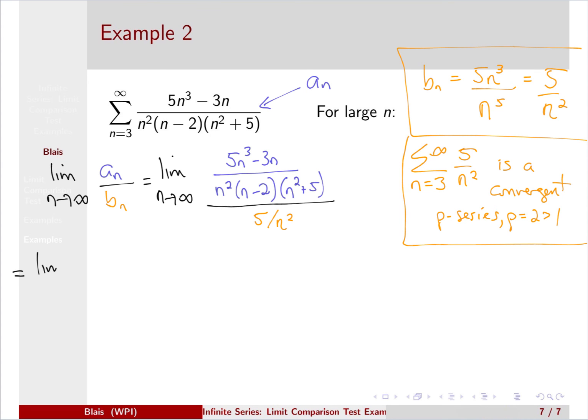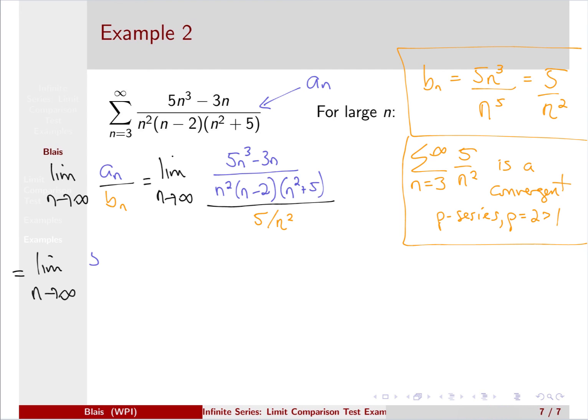And now we need to simplify this limit. So first we note that dividing all of this by 5 over n squared is the same as multiplying it by n squared over 5.